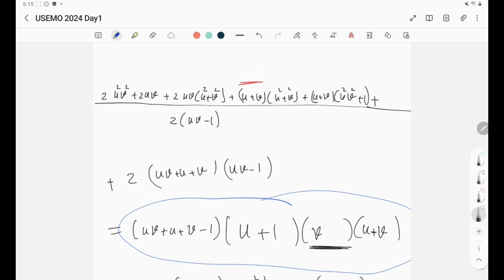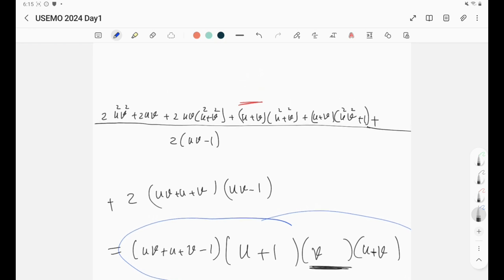So let's just plug u as negative 1 and see what will cancel, what will happen. Let's evaluate it. 2v squared minus 2v, minus 2v times 1 plus v squared, plus v minus 1 times v squared minus 1, plus v minus 1 times v squared plus 1, plus 2.